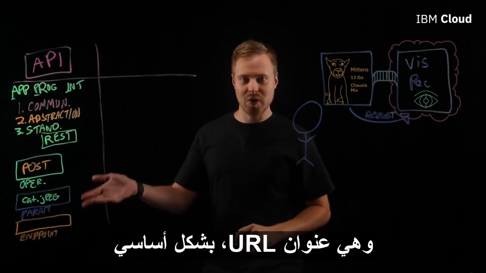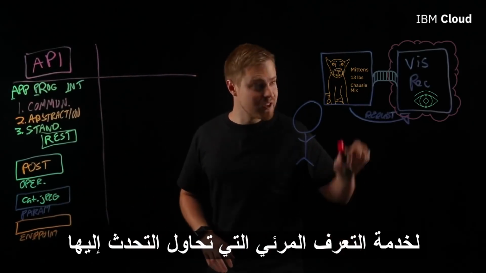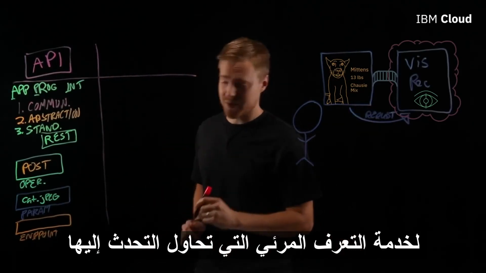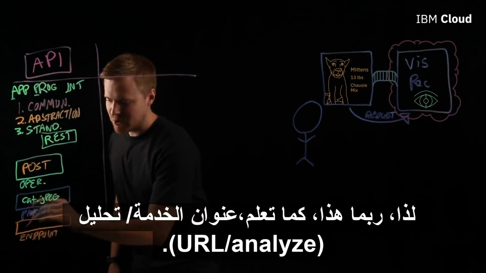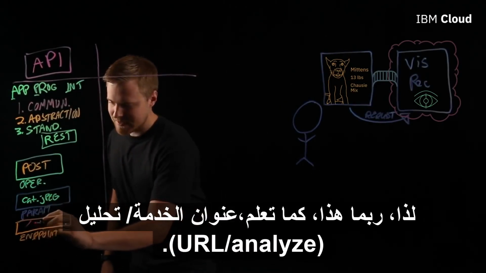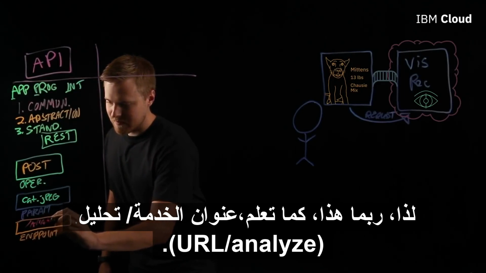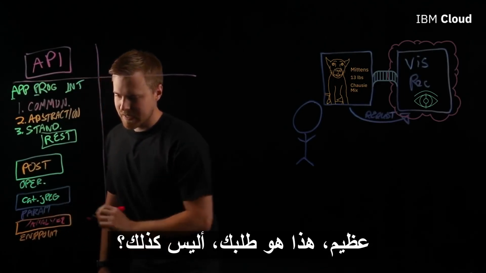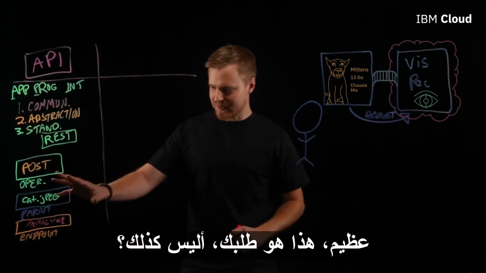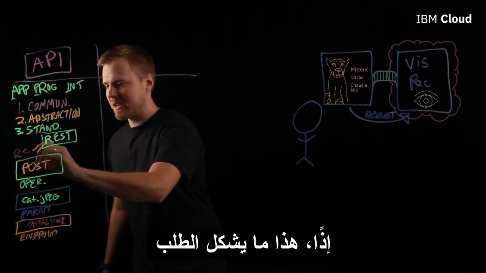That's the URL, basically, of the visual recognition service that you're trying to talk to. So maybe it's some URL/analyze. Great. So that's your request, right? This is what makes up a request.